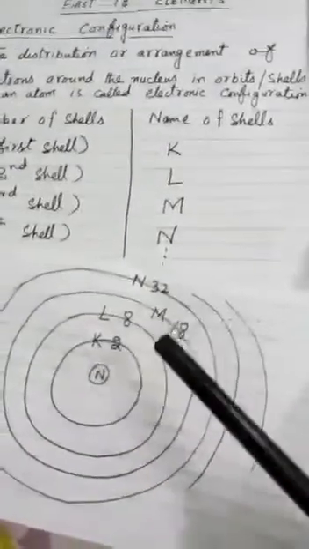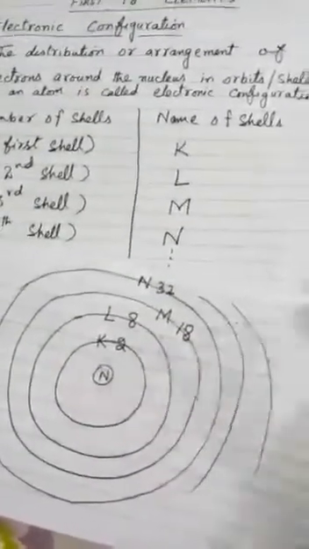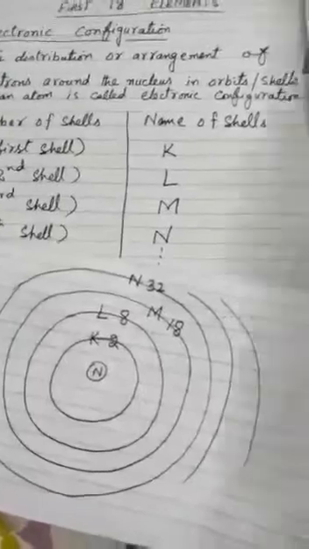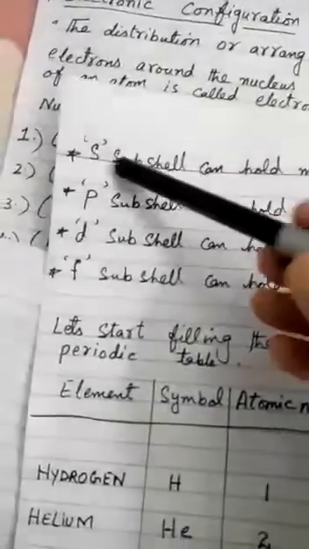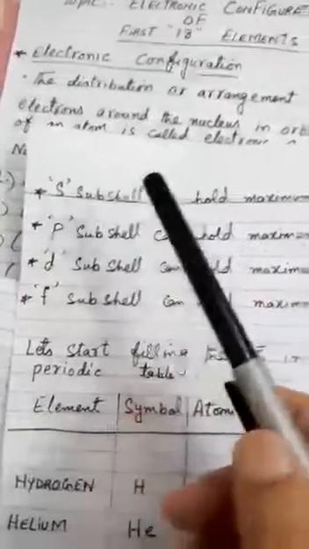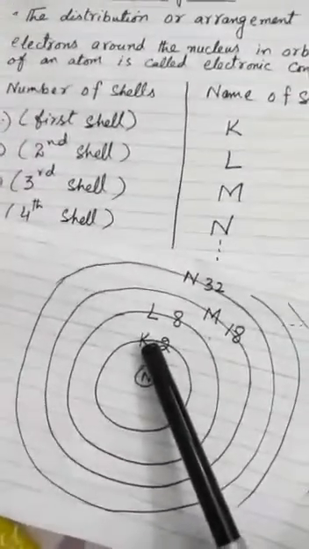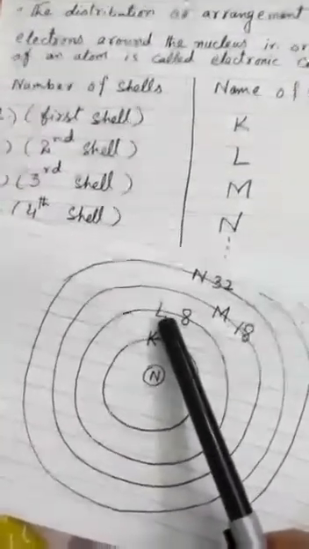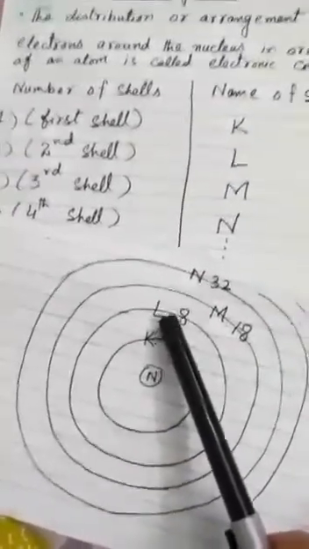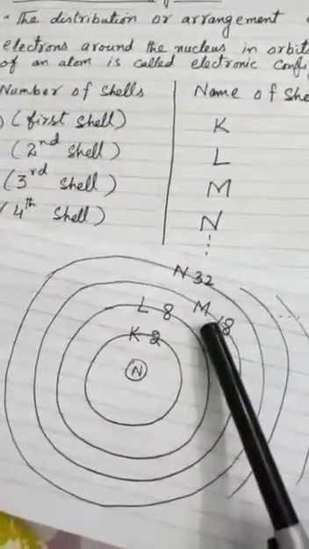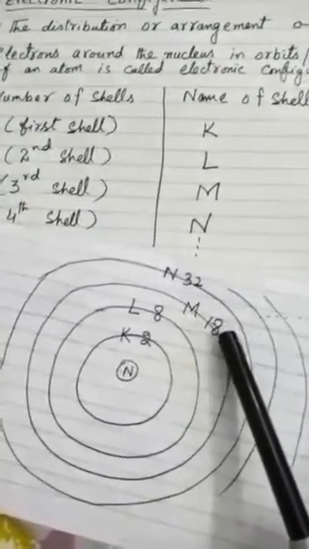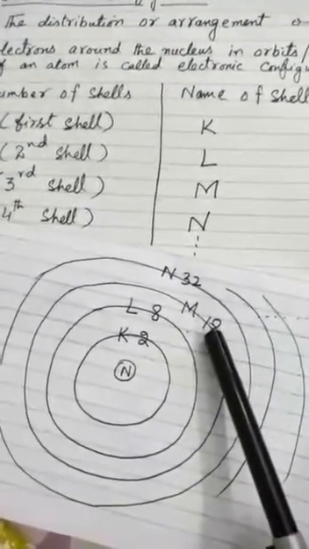The total number of subshells is 4, that is S, P, D, and F, right? As you can see over here, S, P, D, and F. Let me tell you, first shell is K, it has only one subshell, that is S. Second is L shell, it has two subshells S and P. M, which is third shell, has S, P, and D, three subshells.